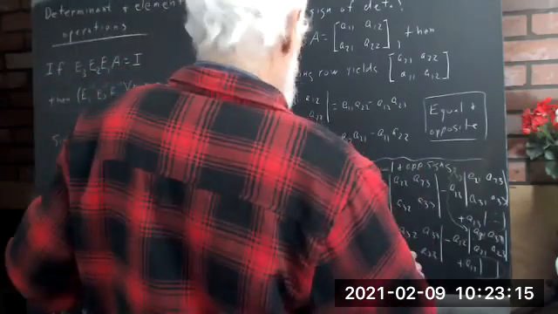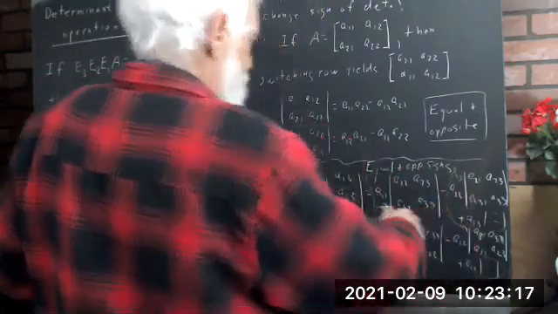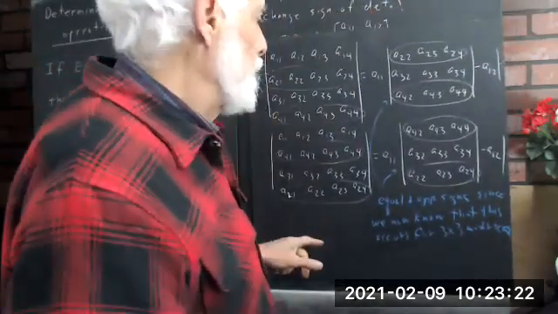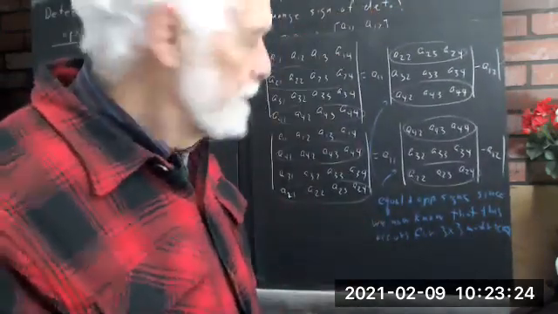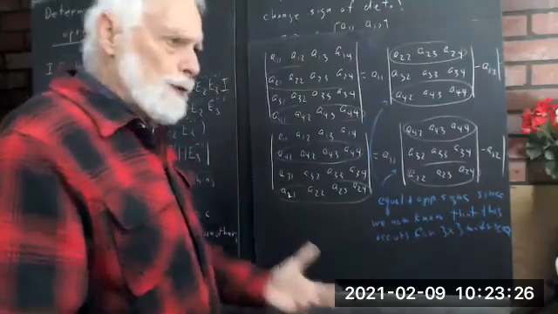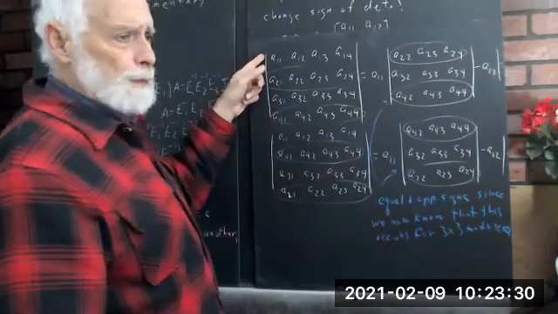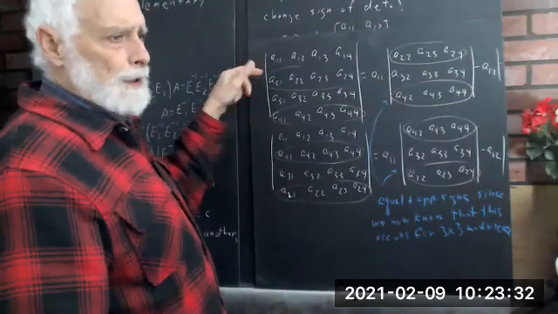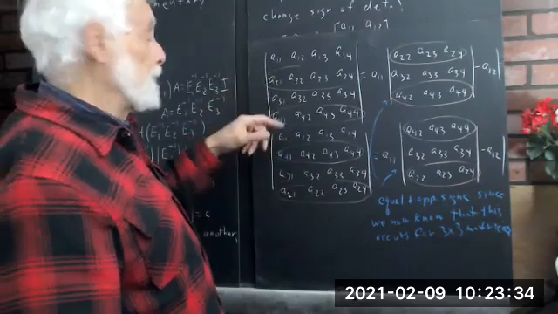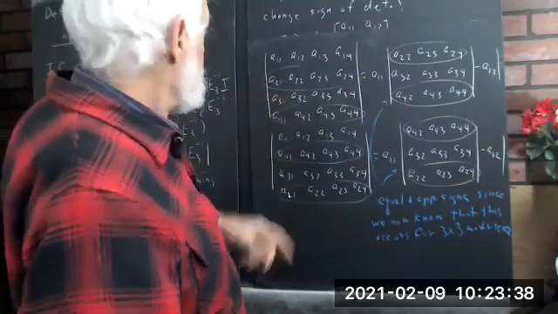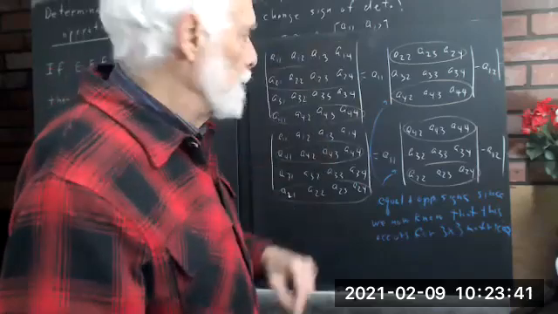Anyhow, there they are. And if I do the expansion, again assuming that the first row isn't one of the ones that I switched, and if it is, then I'll expand on one of the ones that I didn't switch. I could as easily expand this on the third row, but I'll expand it on the first row.